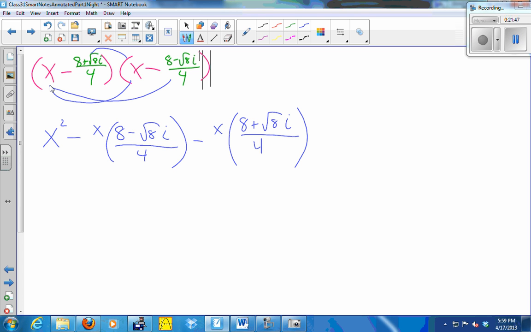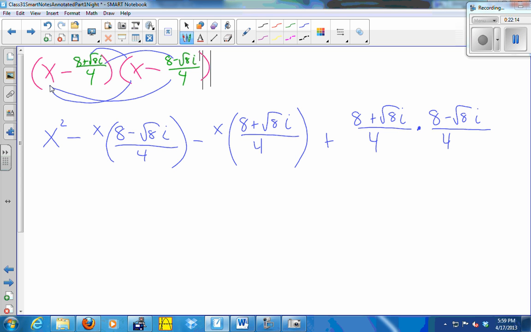And then last, that's going to end up being plus because it's negative times a negative. This number times this number. And when I multiply them out, maybe I'll just write it out for now: (8 plus root 8i) over 4 times (8 minus root 8i) over 4.